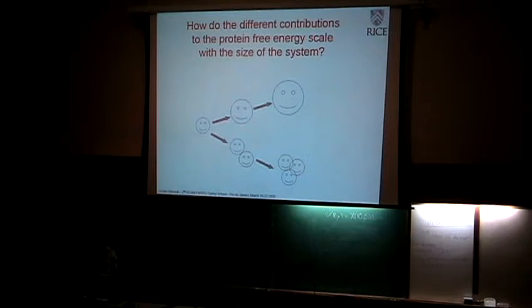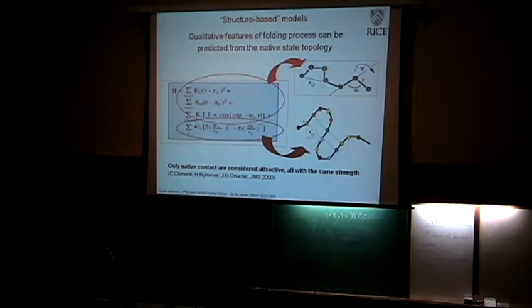When I started as an assistant professor at Rice, one question I was interested in is how all of this scales with the size of the system, because we and many others have proved that this approach is pretty good for small proteins. It's true that for small proteins, the entropic effects are dominating the shaping of the energy landscape. What about larger proteins?